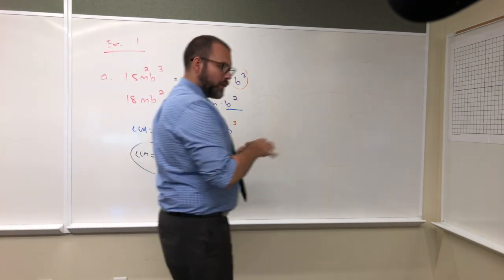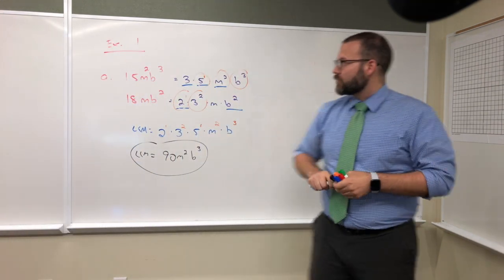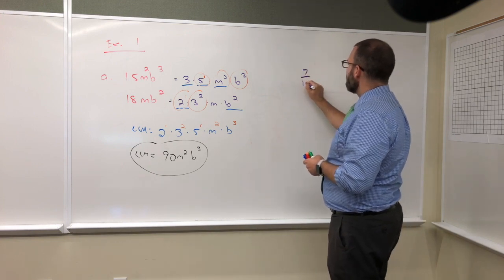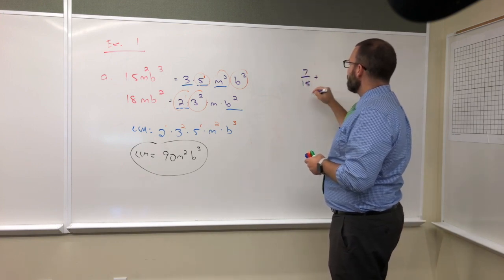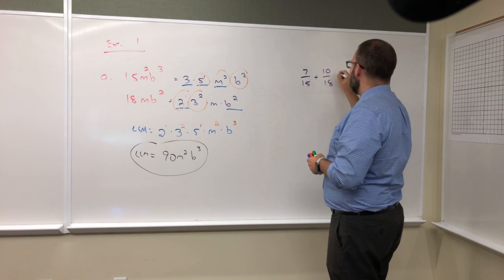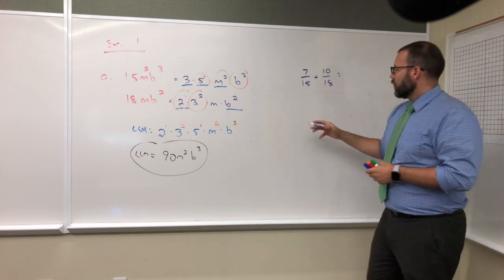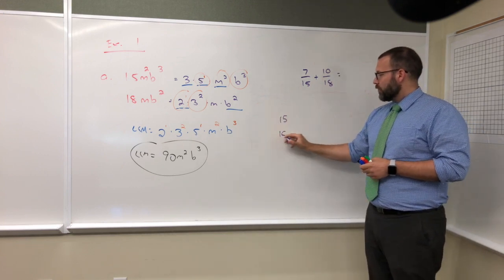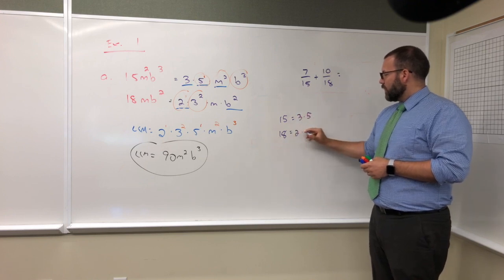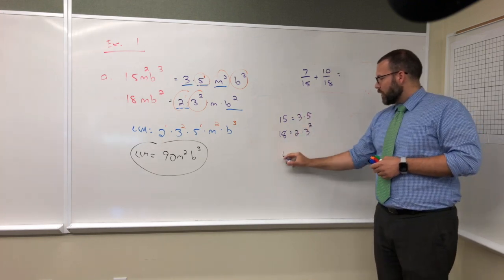For example, let's ignore the variables for a second. Let's just imagine it was something like the fraction 7 over 15 plus, let's do 10 over 18. Well, 15 and 18, we've already seen their factorizations. 3 times 5 and 2 times 3 squared.